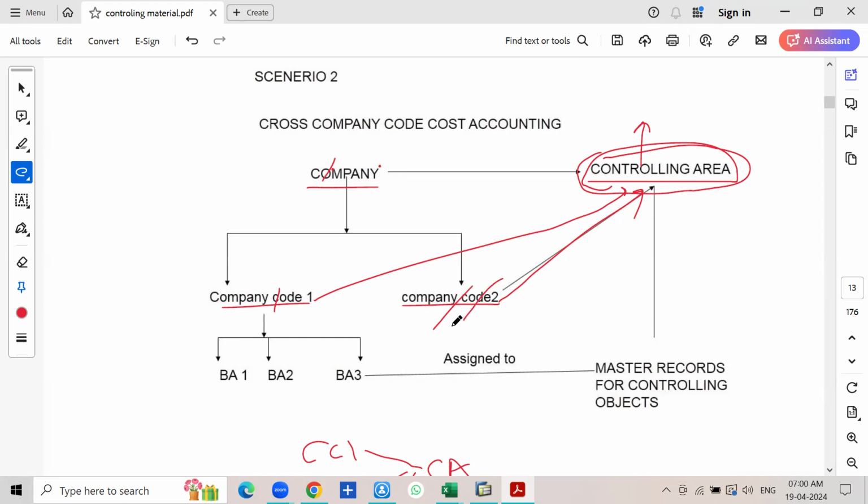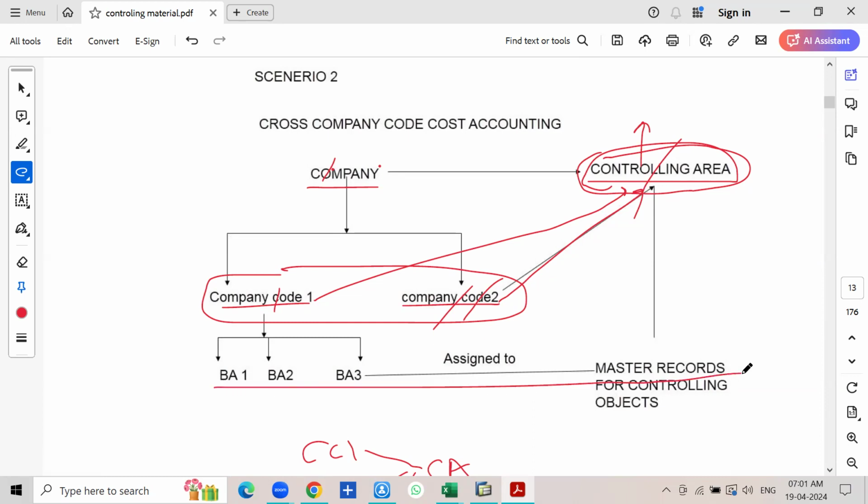Again, we can compare the profits of company code 1 with the profits of company code 2, because the entire information of both the company codes is available in the same controlling area. Then under this controlling area, we create the master records of controlling objects relating to all the company codes. Then the business areas are assigned in the controlling object master. This scenario is clear.